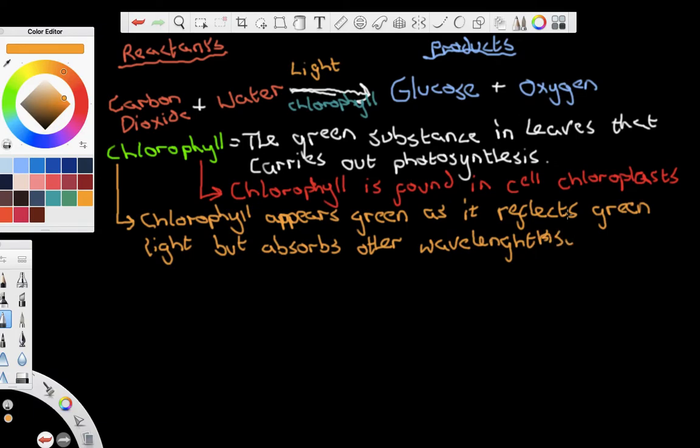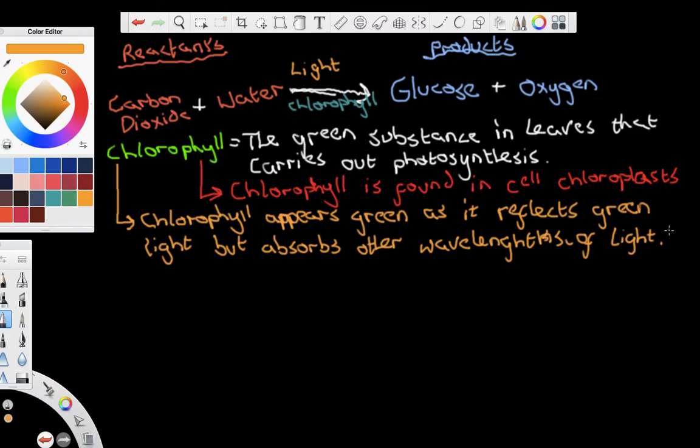Okay, so chlorophyll appears green as it reflects green light but absorbs other wavelengths of light. So we'll just put of light there because it makes a better sentence. Of light. Okay.